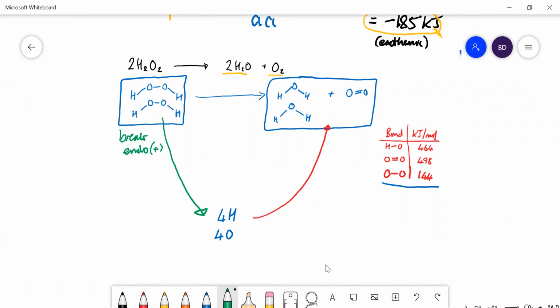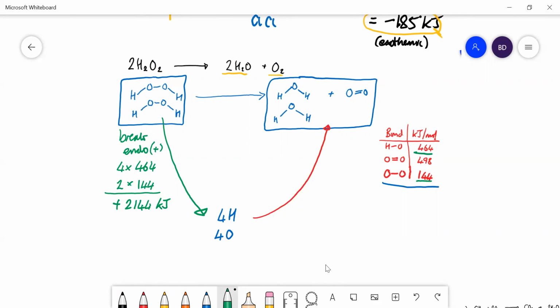We're breaking 4 of these oxygen hydrogen bonds, 4 times 464. And we're breaking 2 of these very weak oxygen single bonds, 144. Add all that up together, and you get plus 2,144 kilojoules.